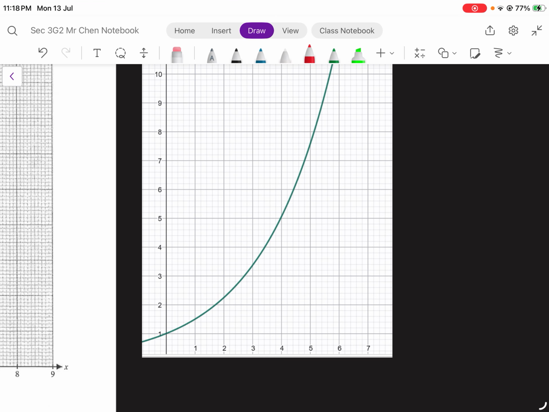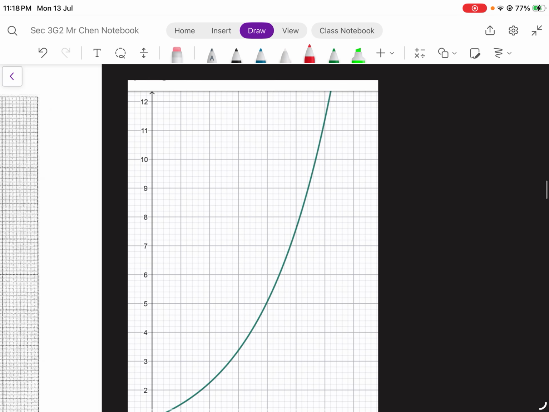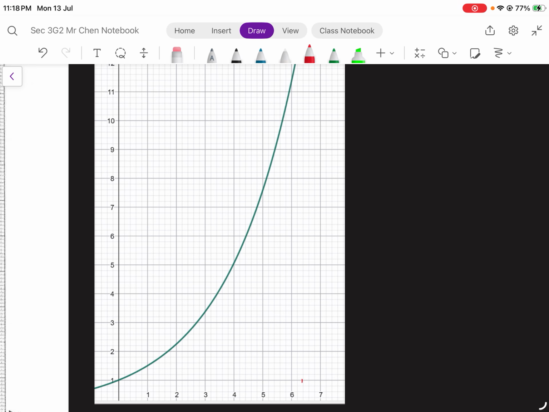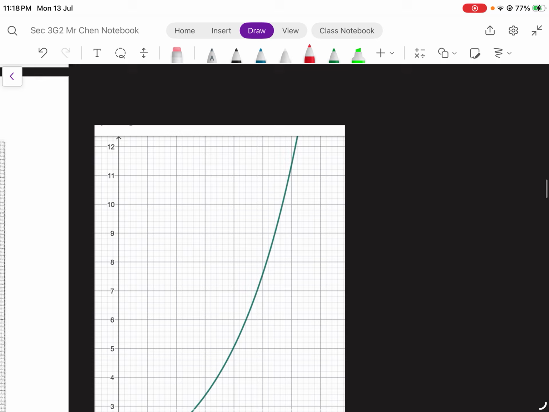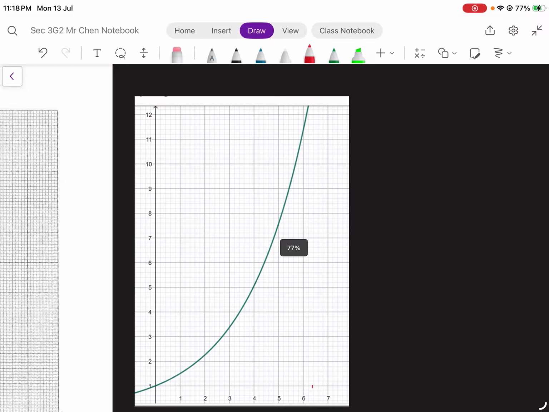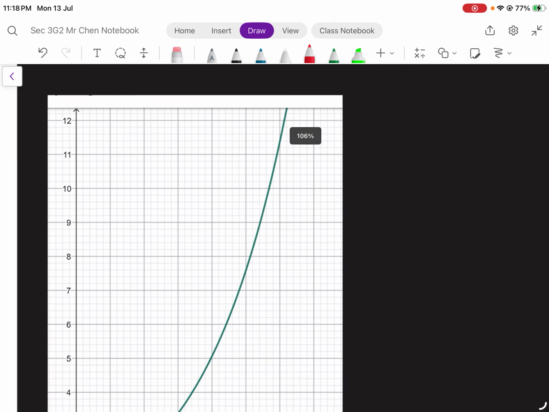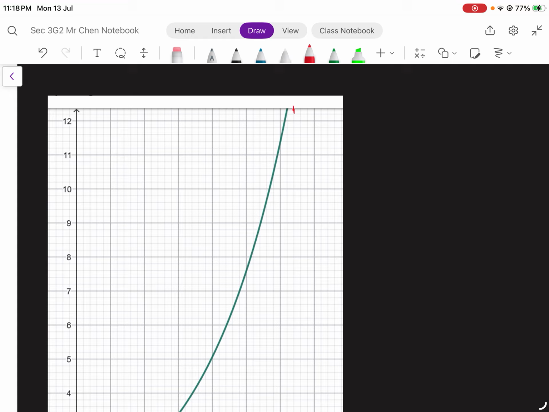So let's do y when x equals 6.4. 6.4 will be around here. The problem with GeoGebra is it couldn't really cover everything. It's very hard to screenshot this part. So 6.4 will be all the way up here.